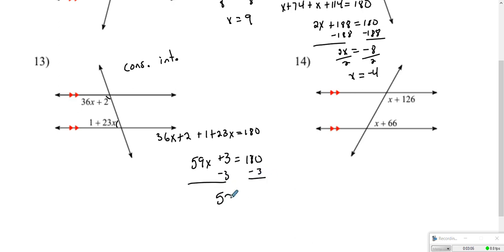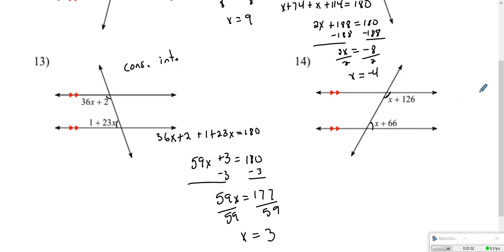We get 59x equals 177. I bet this comes out evenly. Divide both sides by 59, and x equals, let's see here, I want to say 3. 3 times 59, yeah, that's right.